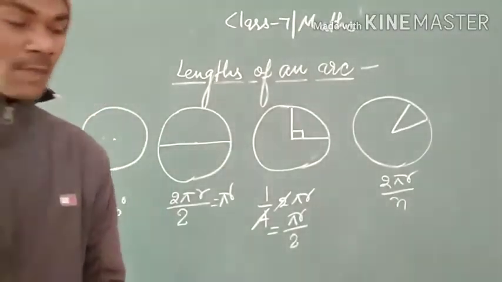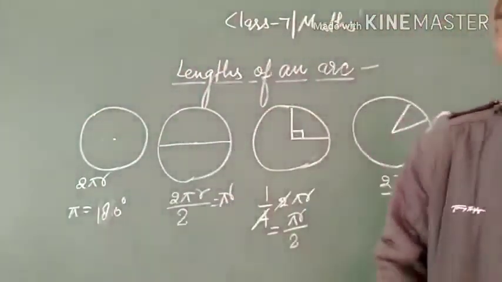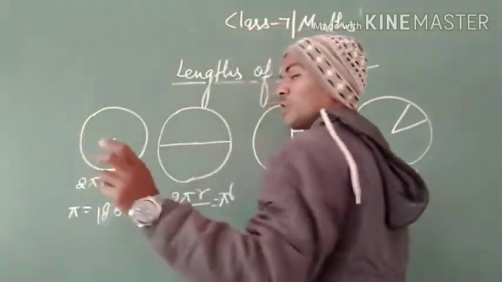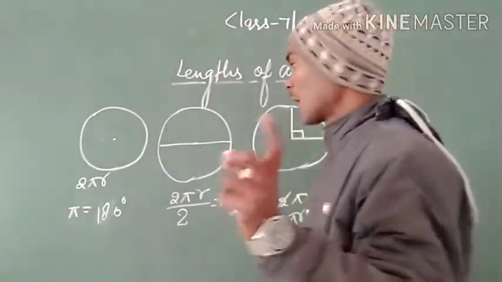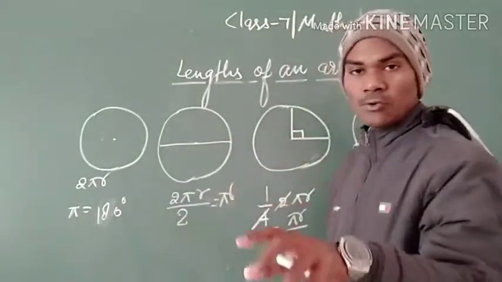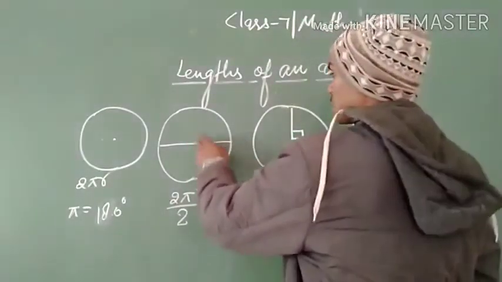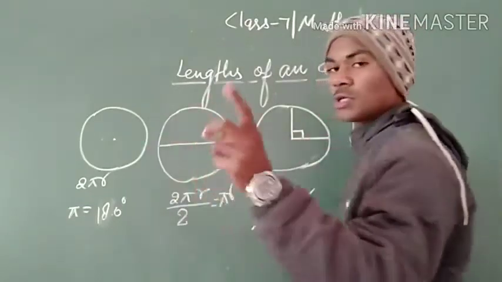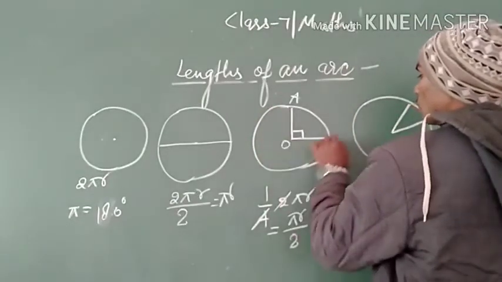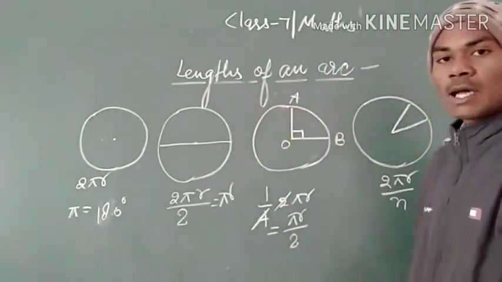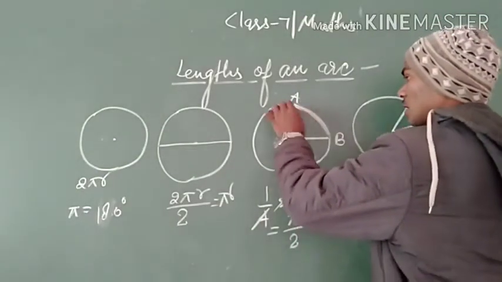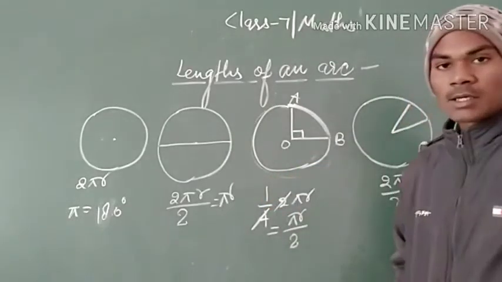So these are representing the perimeter, that is the length of the arc. Why are we using the word arc here? Because here we can see that the complete circumference is a single arc. But this circle has two equal arcs, each being a semicircle. Here AB is the minor arc, and this is the major arc.